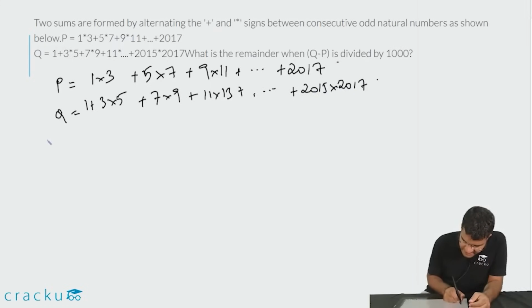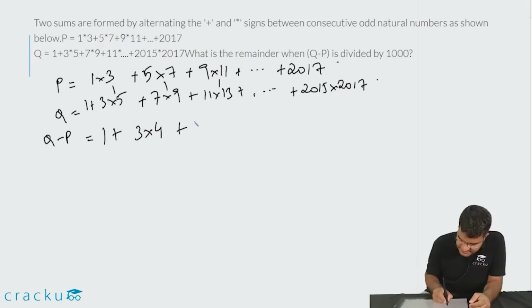Now when we are subtracting Q minus P, this becomes 1 plus, we are trying to keep these terms together, 1 plus 3 into 4 plus 7 into 4 plus 11 into 4 plus dot dot dot plus 2015 into 4 minus 2017.